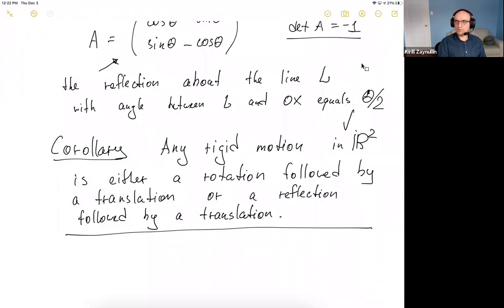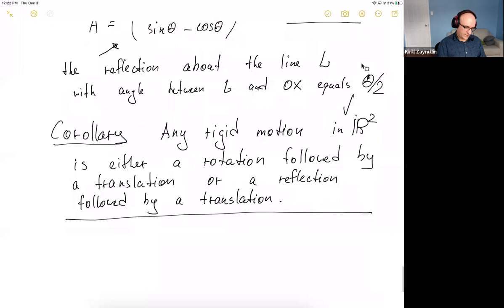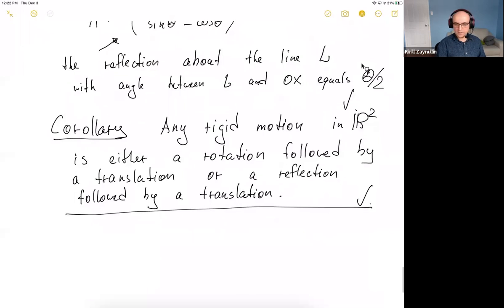So what you can always do is split your rigid motion into the composite of reflections followed by translation. Okay, so that's it. That was the last thing I wanted to say.